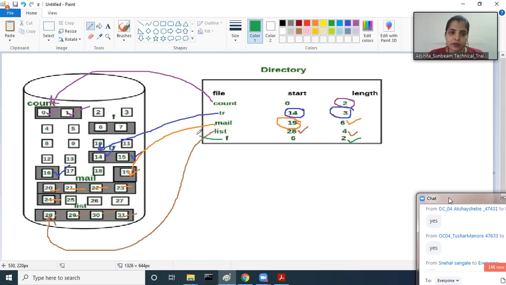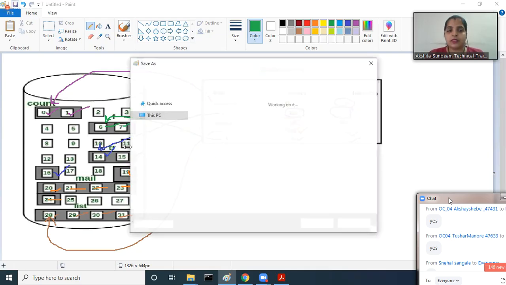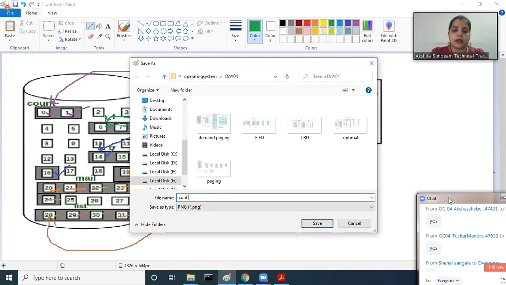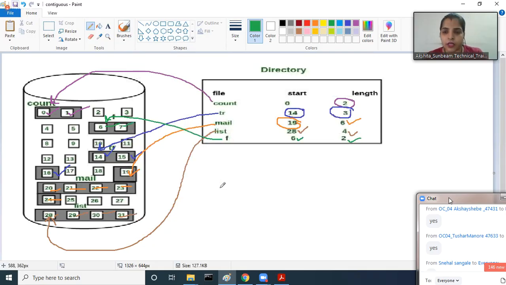So this F will be loaded over here, using 2 blocks. This is called contiguous memory allocation. The files which receive the start location tell the length, and accordingly continuous memory blocks are allocated. This category is called contiguous disk allocation.